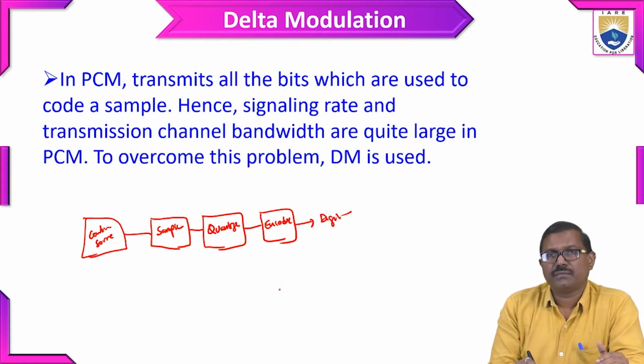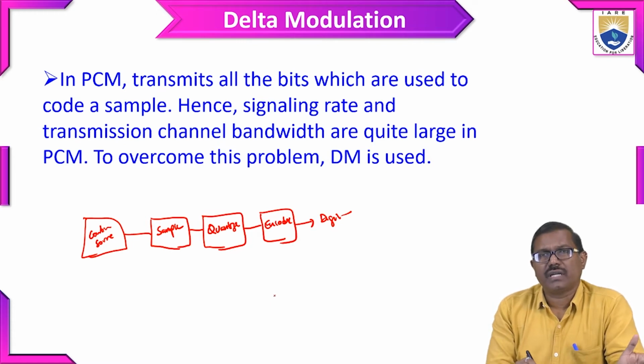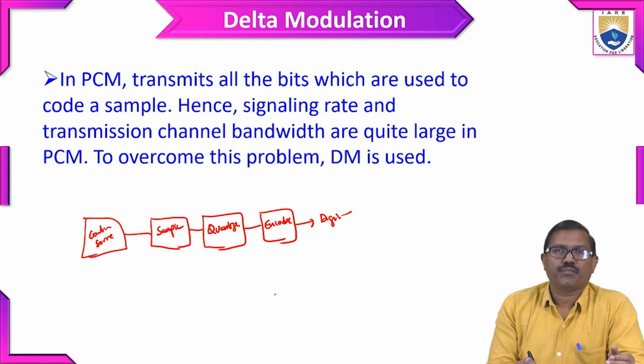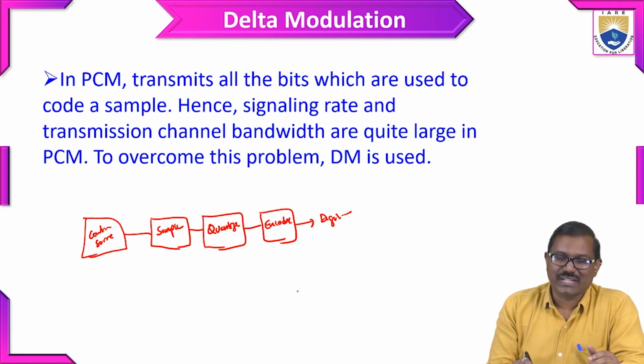In PCM, the continuous information comes to the sampler, which samples it, making it discrete in the time domain. Thereafter we apply this discrete-time signal to the quantizer, which converts the continuous amplitude into discrete amplitude. So the output of the quantizer is purely discrete, in both time and amplitude.